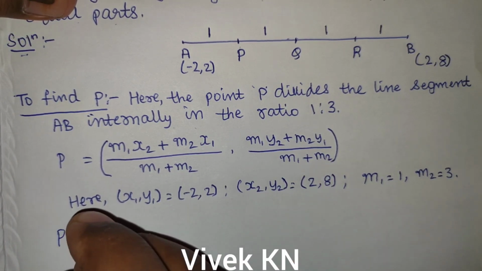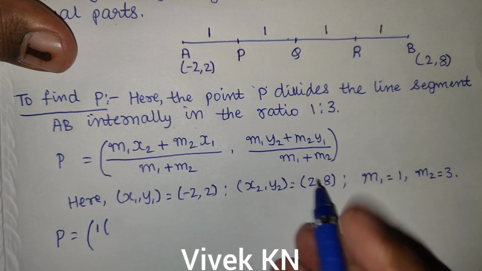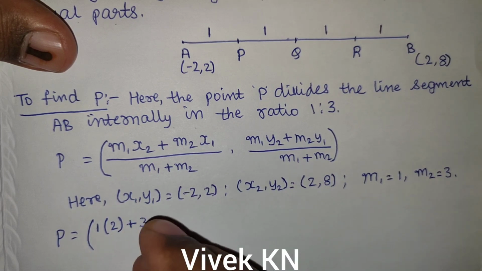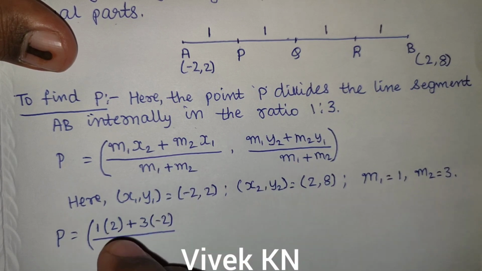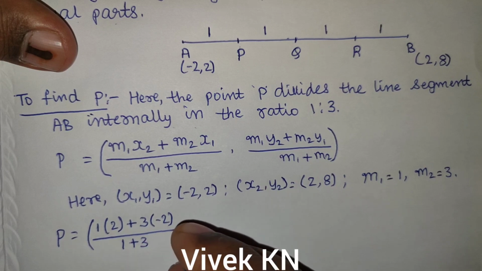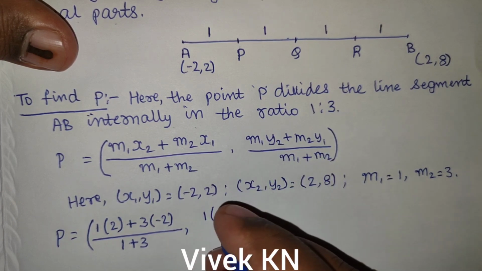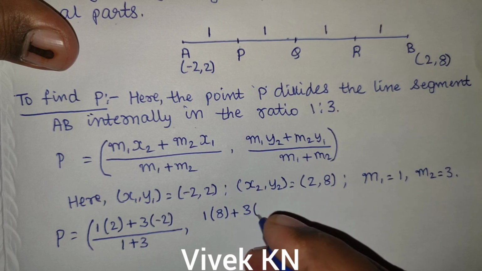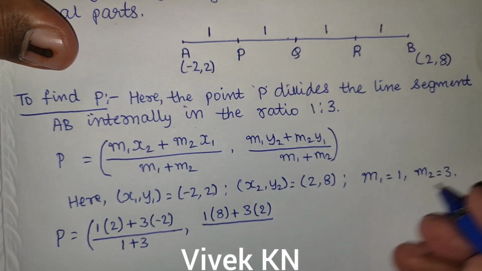That is P is equal to m1 x2, the value of m1 is 1 and the value of x2 is 2, plus m2 x1, the value of m2 is 3 and the value of x1 is minus 2, divided by m1 plus m2, that is 1 plus 3, comma, m1 y2, the value of m1 is 1 and the value of y2 is 8, plus m2 y1, the value of m2 is 3 and the value of y1 is 2, divided by m1 plus m2, which is 1 plus 3.